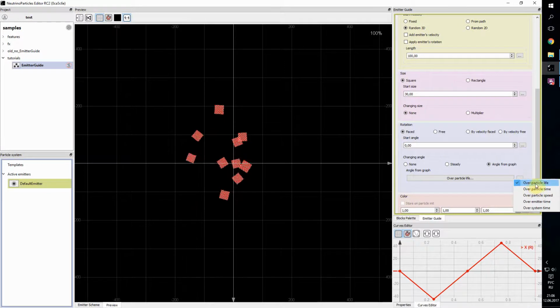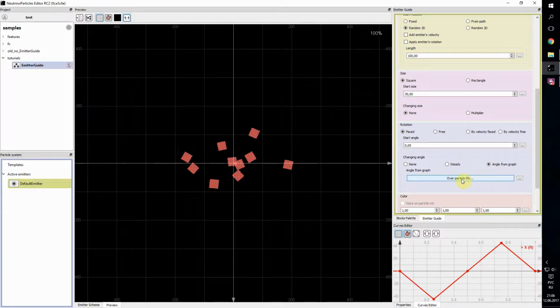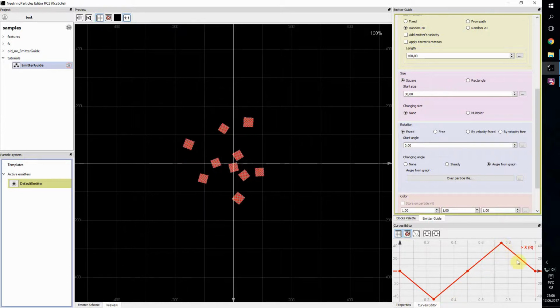By default you can see that over particle life is set, and the graph looks like this. So the rotation angle of the particle will decrease to minus 45 degrees, and then up to 45, and then it will get back to 0.